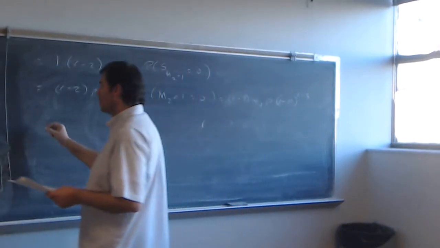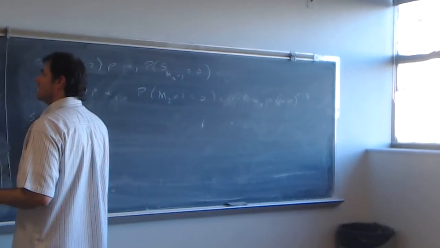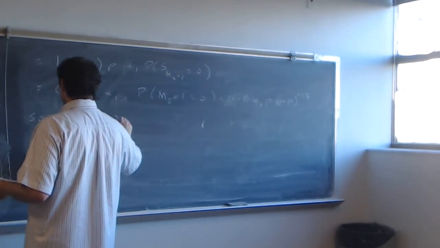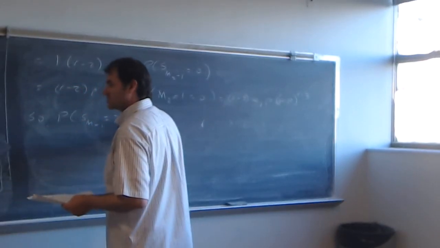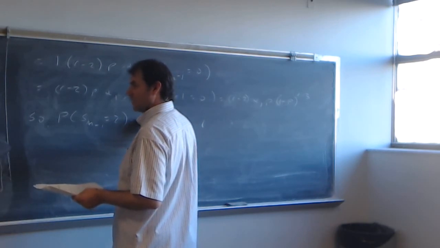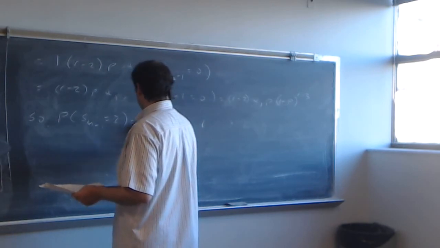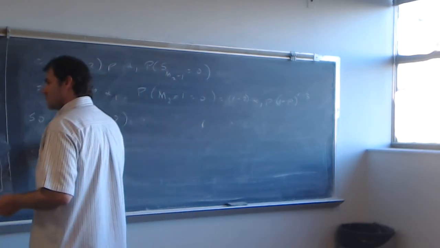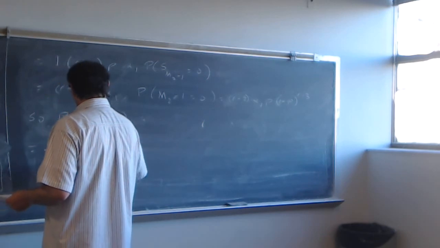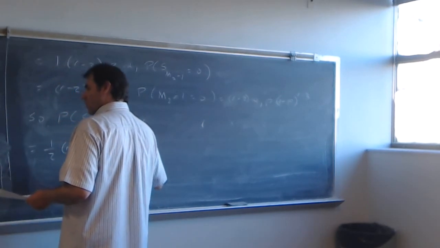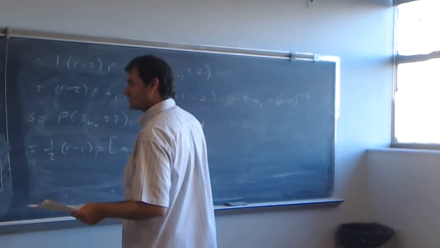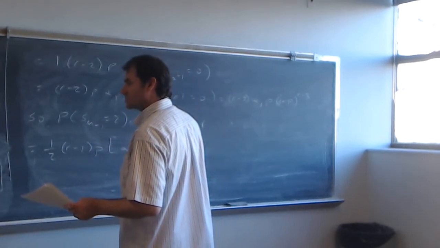So, what I find for the part that I was looking for is the probability that S of m minus 1 equals 2. That's where I was working. And that's going to be equal to, here's what I have: 1/2 r minus 1 times p times alpha sub 1. And I just found the probability that S of m sub 1 minus 1 equals 1.